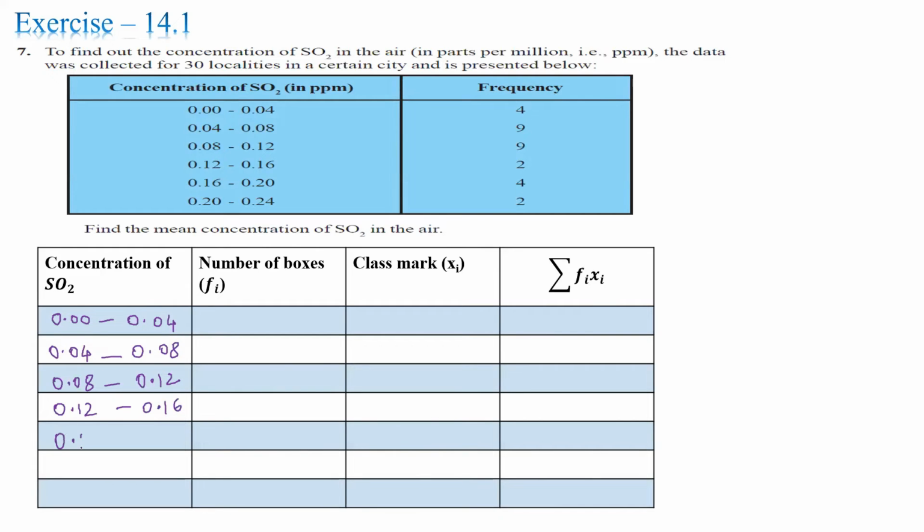Next 0.16 to 0.20. Next 0.20 to 0.24. Next, here it will not be number of boxes; here it will come frequency. So write down the frequency.